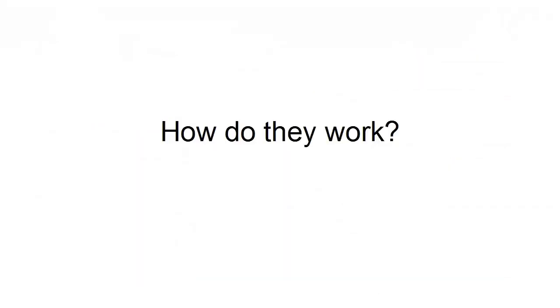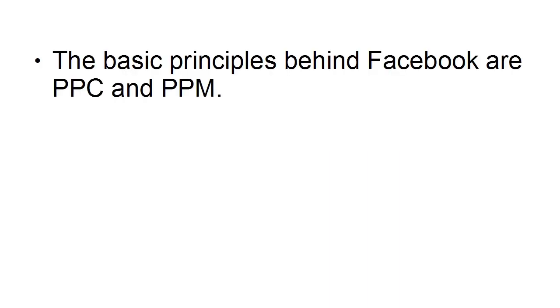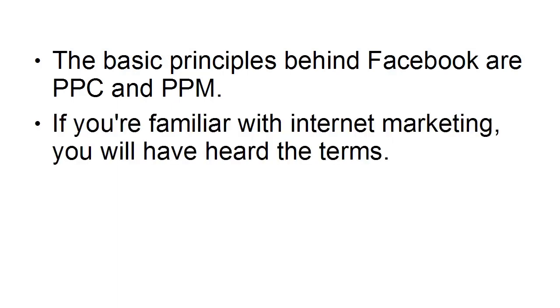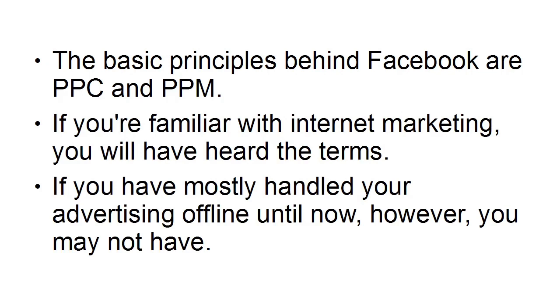So how do Facebook ads work? Well, the basic principles behind Facebook advertising are PPC and PPM. If you're familiar with internet marketing, you will have heard the terms before. But if you've mostly handled your advertising offline until now, you may not have.